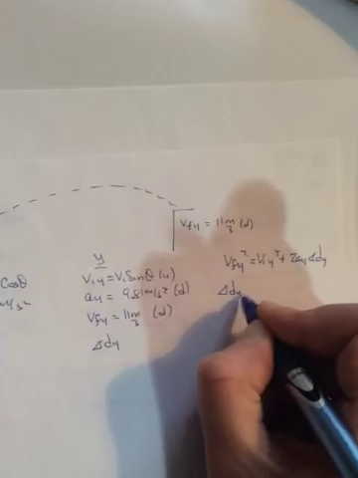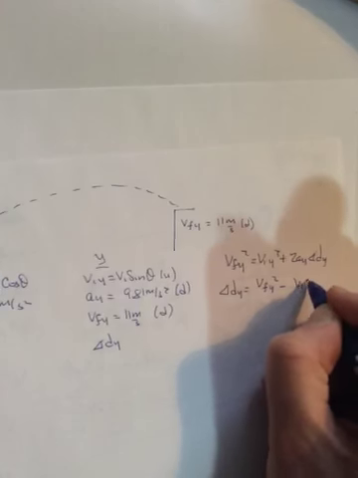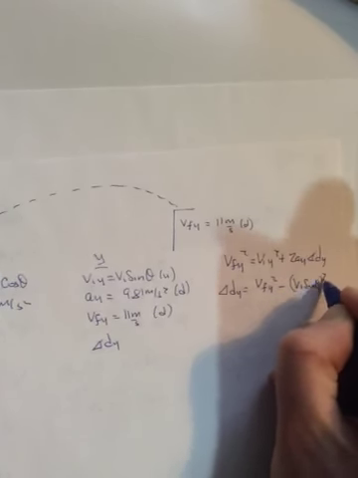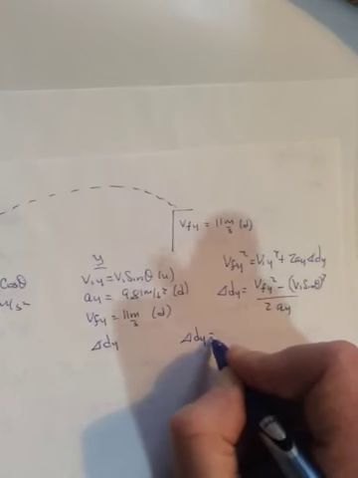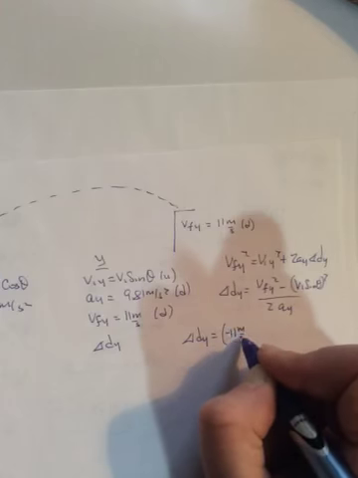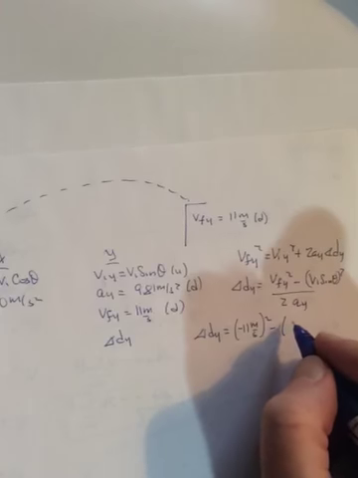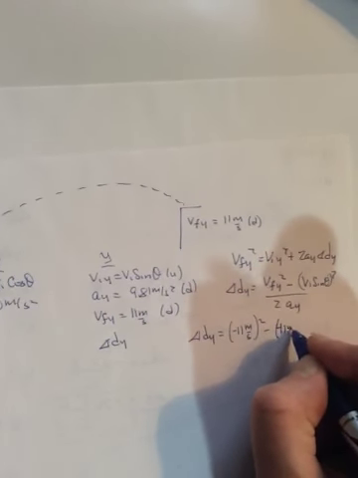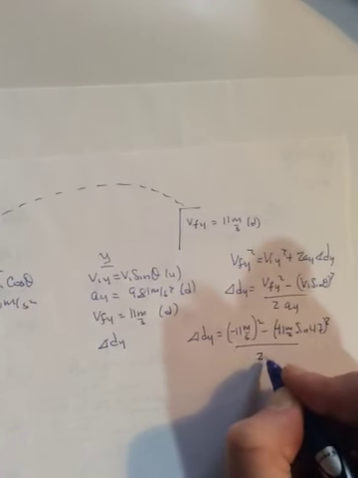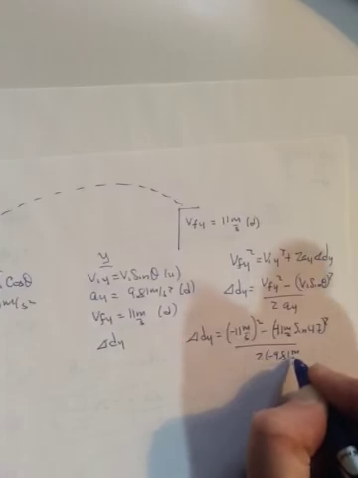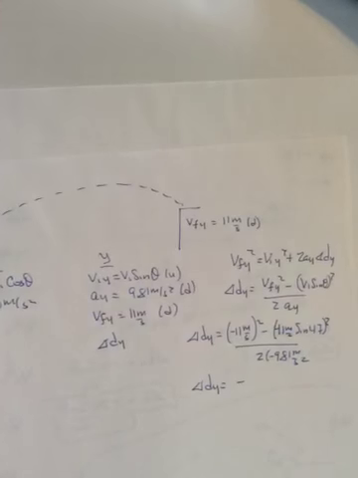So delta dy will be equal to VFY squared minus Vi sine theta squared over 2AY. So delta dy equals negative 11 meters per second squared minus, what was it, 41 and 47? Yeah, 41 meters per second sine of 47 squared over 2 times negative 9.81 meters per second squared. So delta dy equals, you're going to end up with a negative here, but that's okay.